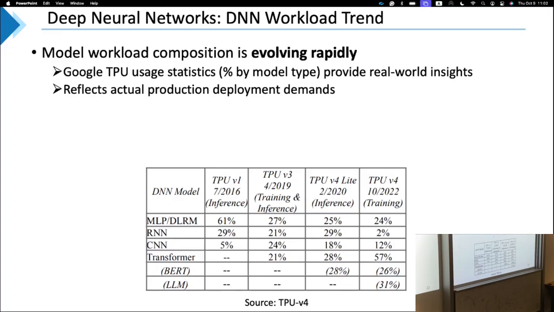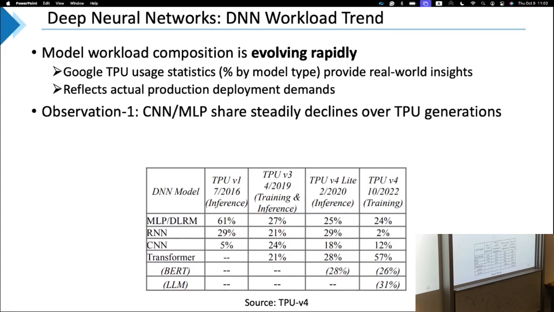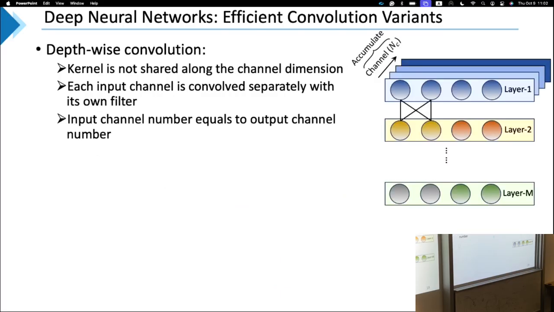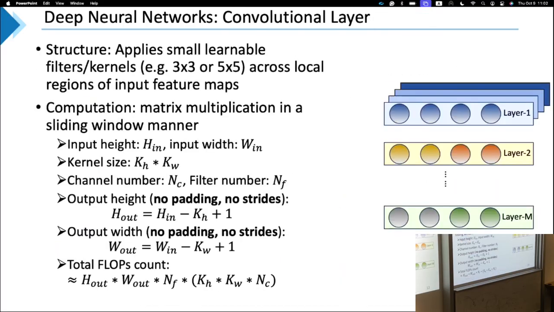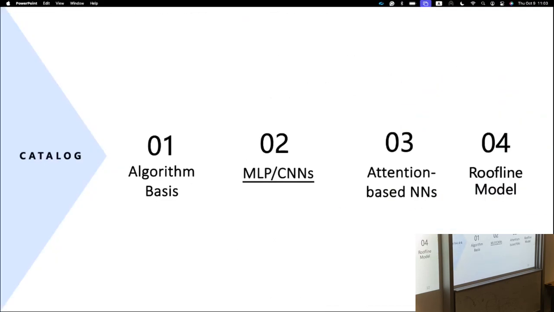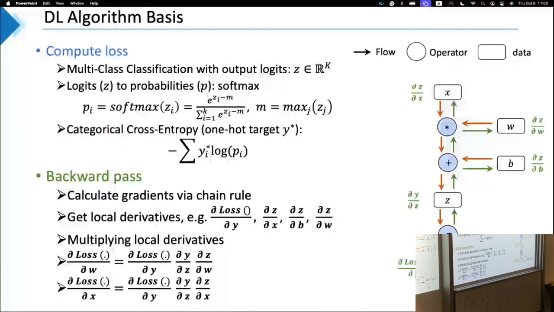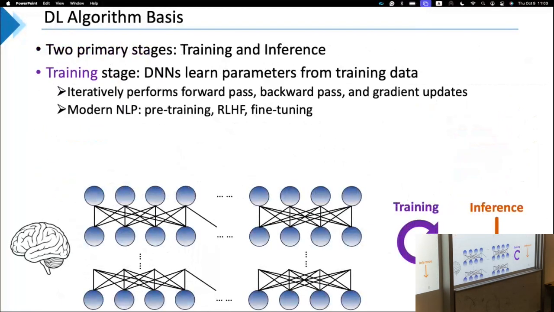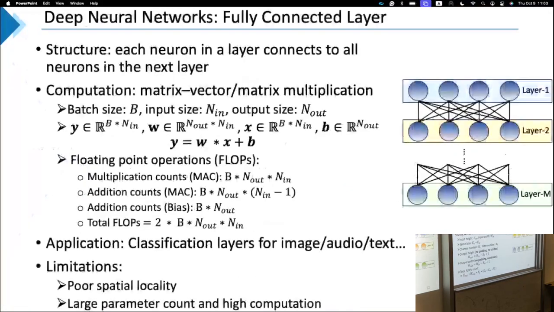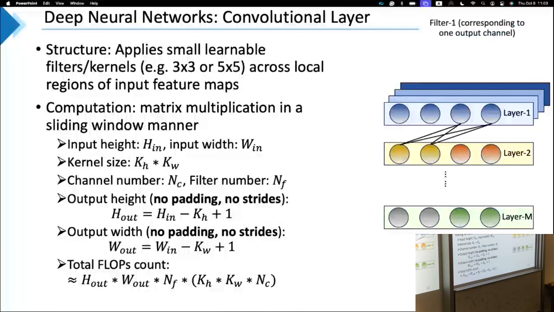Before we start the new materials, there are two things I want to explain. The first one is last time some students are saying the concept of depth-wise convolution is not so clear. So here, I try to introduce this a little bit more.